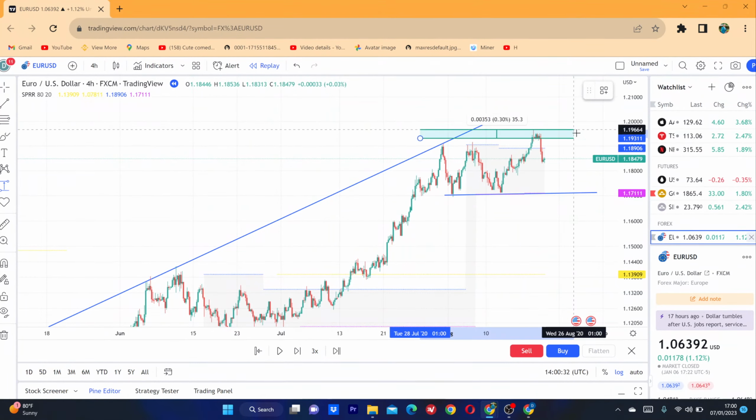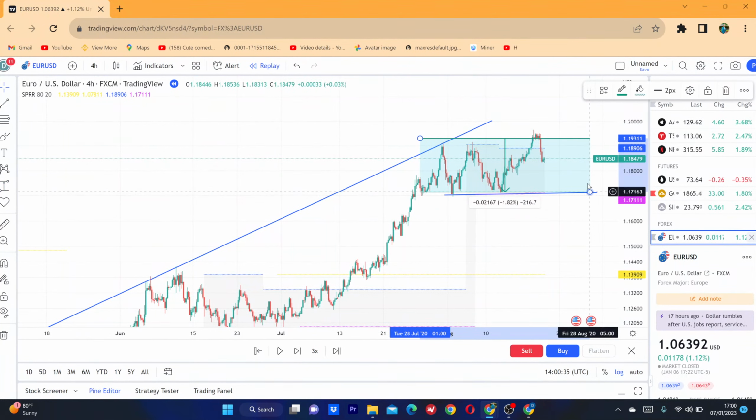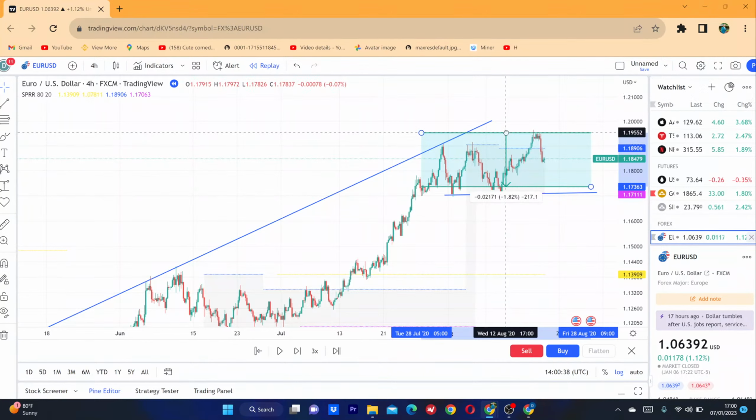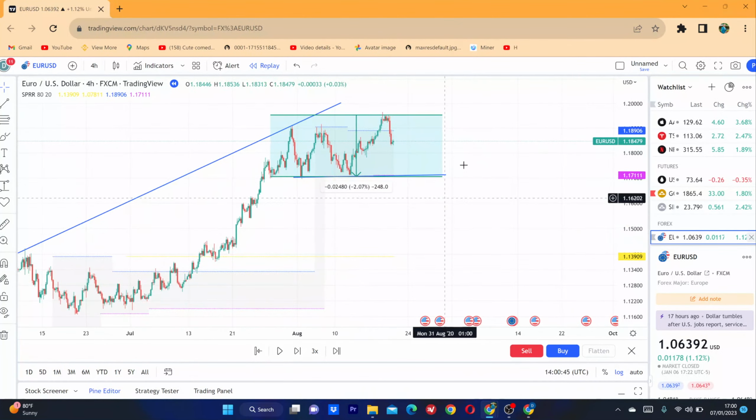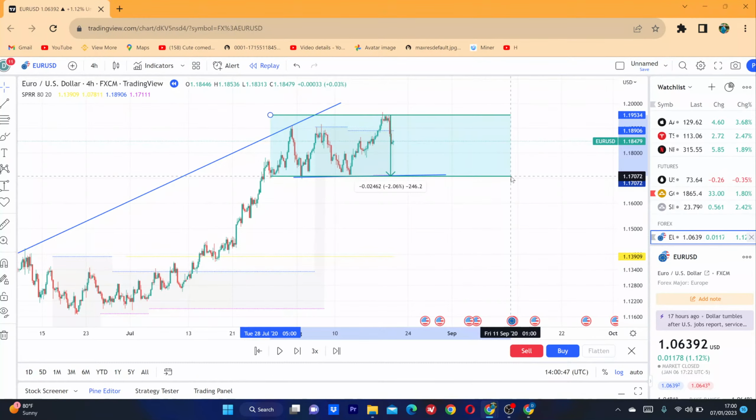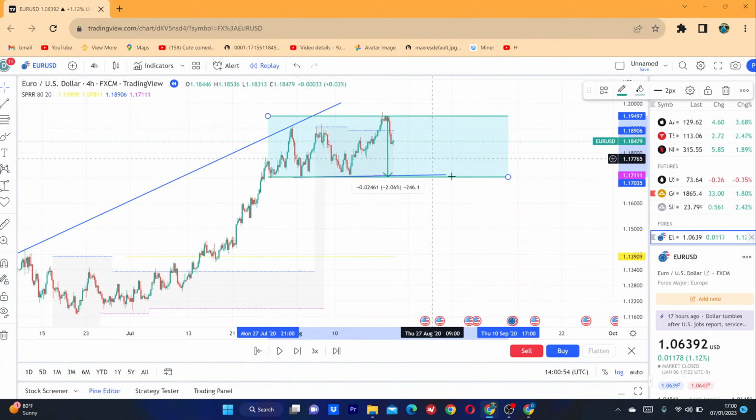So let's see whether this is going to become our distribution area right over here, because you can see the market is moving that way. In case the market actually breaks, there's a possibility it's going to continue going up like that. But in case it doesn't, I'll just wait for the market to see what it's going to do in this area.